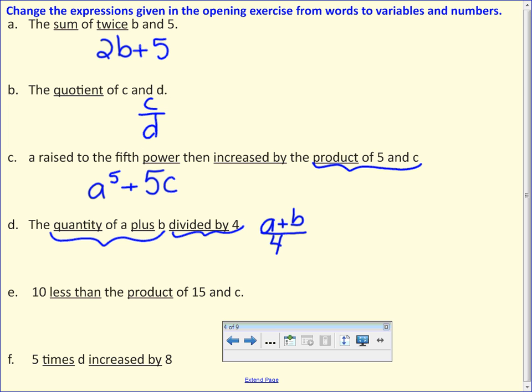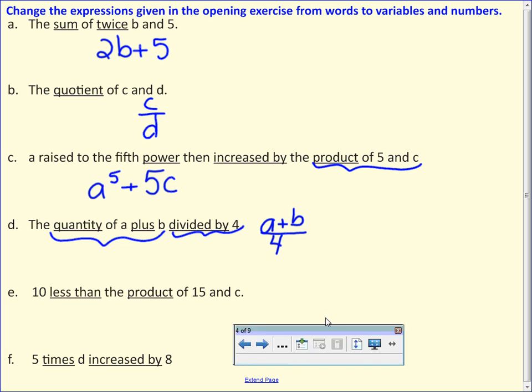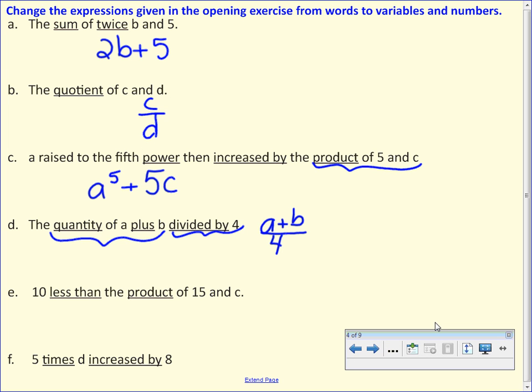Remember now we show division as fractions. And we could put the parentheses around A plus B, but that's not necessary when we're writing it as a fraction. If we were writing it out left to right, we would need the parentheses, A plus B divided by 4. Otherwise, you'd be doing B divided by 4 instead of the sum.